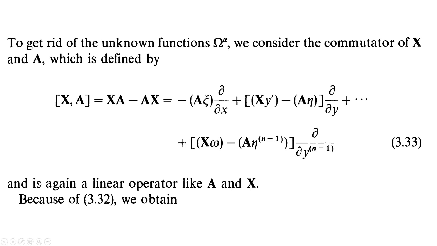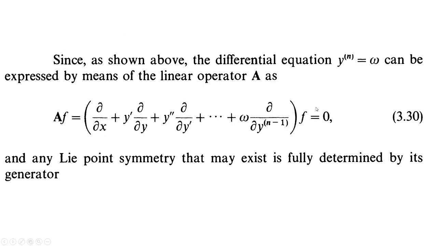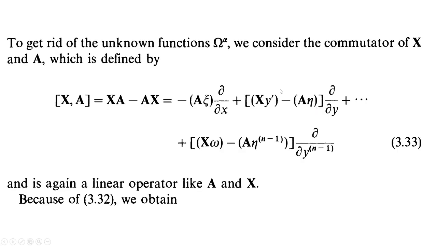What does the commutator do? Let's see. This is the commutator of the Lie symmetry generator X and the total differential operator A, defined in this way. Putting in the values, X is defined previously over here and A is defined over here. Putting this X and A in this equation and collecting like terms, we get partial by partial x, partial by partial y, and partial by partial y dash with some components.